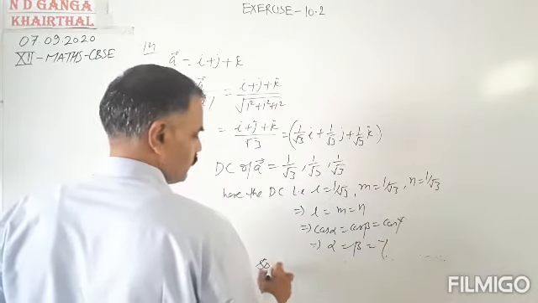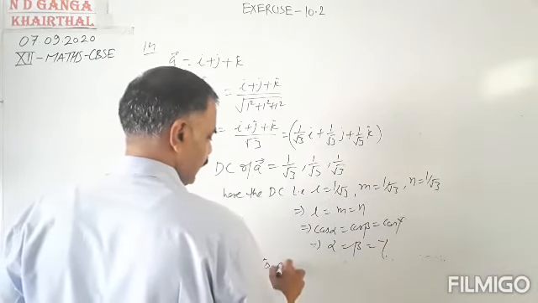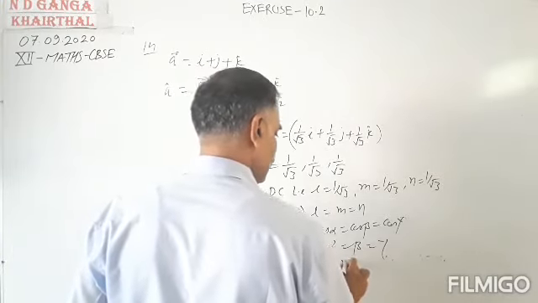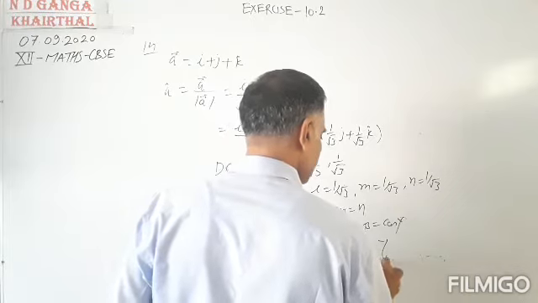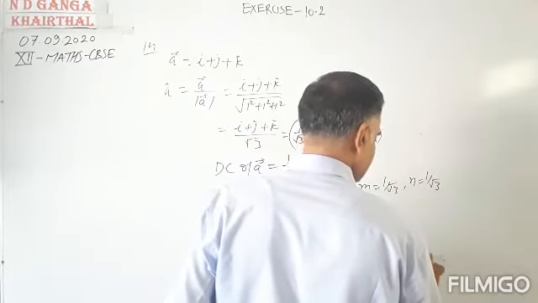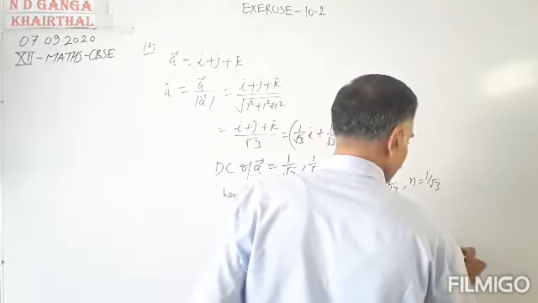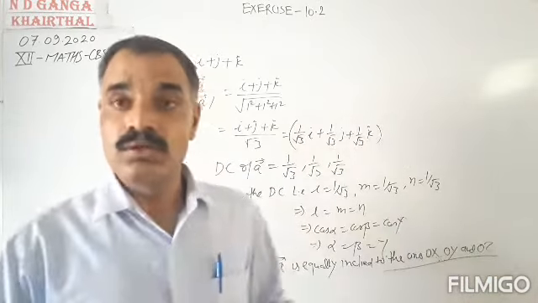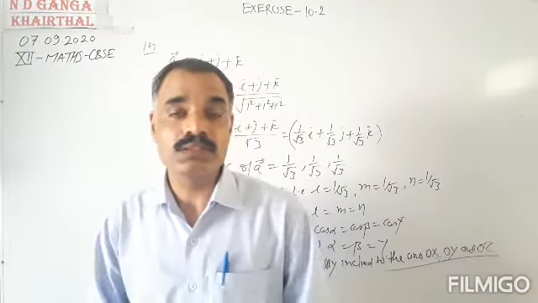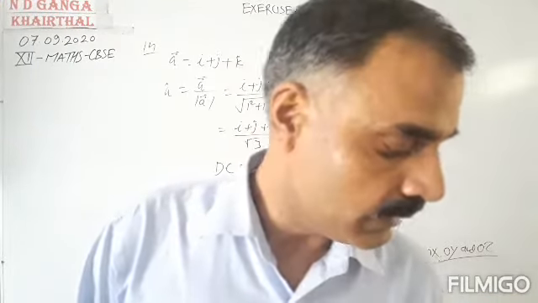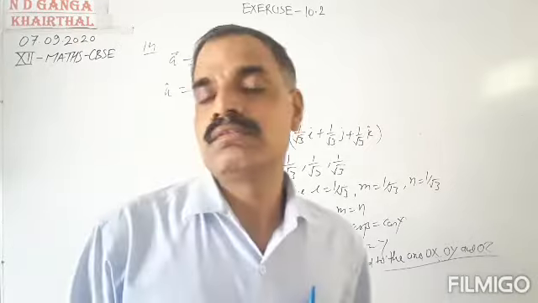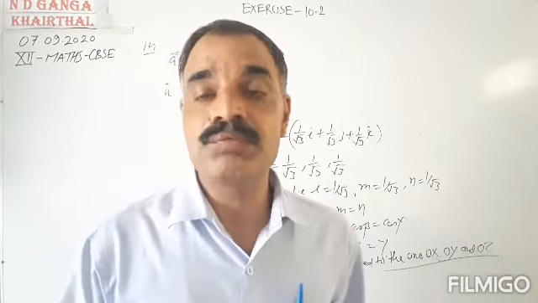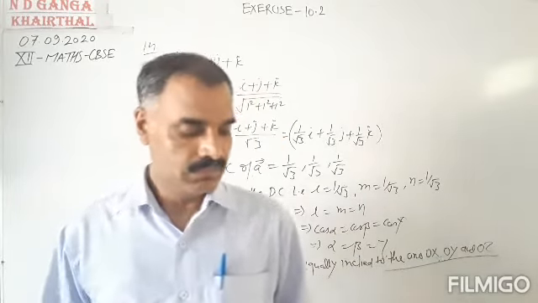So the given vector A is equally inclined to the axes OX, OY and OZ. Okay, so this is the solution of question number 14. Very important question and a very important concept that we have learned in this question.